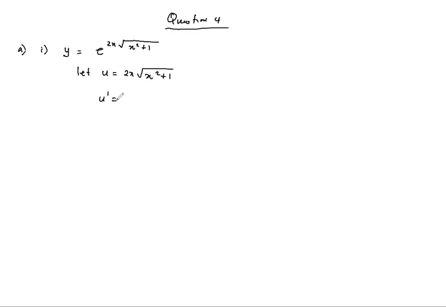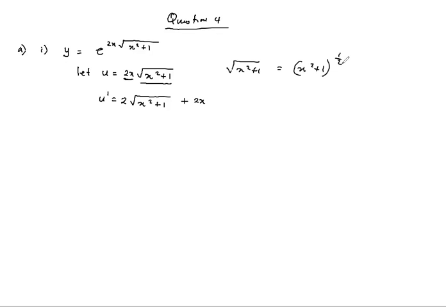So differentiating u, you use product rule where you differentiate this 2x first. Its derivative is 2, and then you multiply by the square root of x squared plus 1. Then you add, you maintain the 2x and differentiate this. Now the square root of x squared plus 1 is the same as x squared plus 1 to the power half.